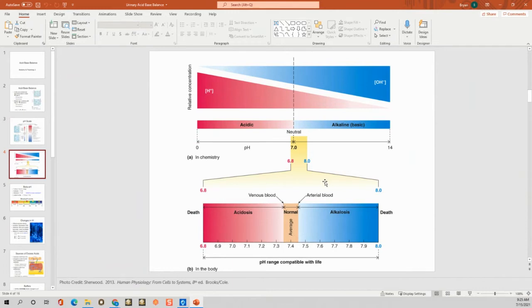All right, a value you guys must know. You got to know that this average homeostatic range of blood pH, this is what's important for homeostasis, is 7.35 to 7.45.